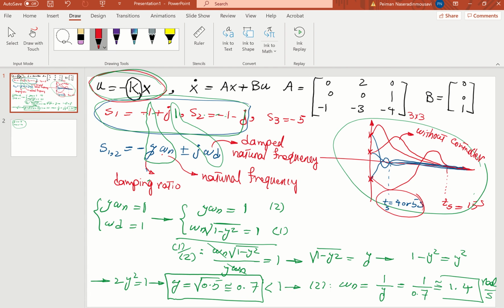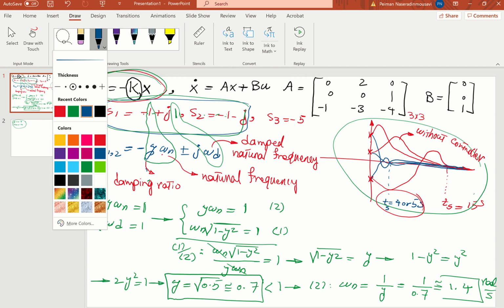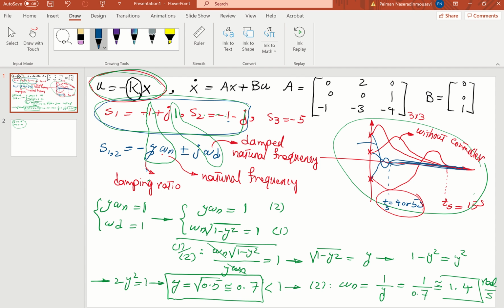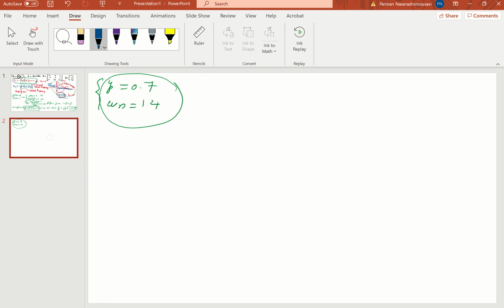And the blue lines, if you look at the MATLAB code I did in the last class, was with the state feedback controller. So you see that I decreased the settling time from 15 seconds to 4 or 5 seconds. I want to get this by these dominant complex conjugate poles.